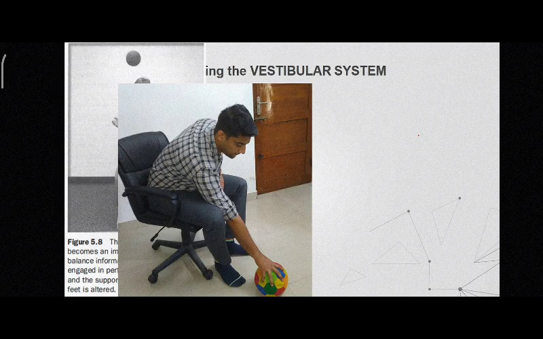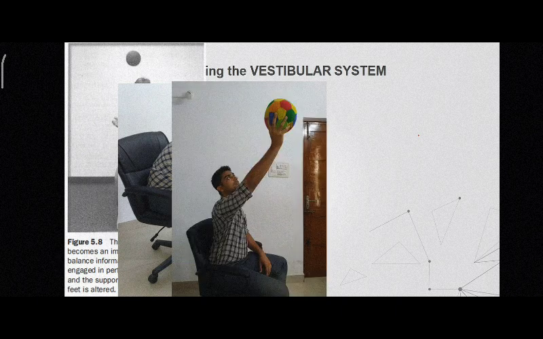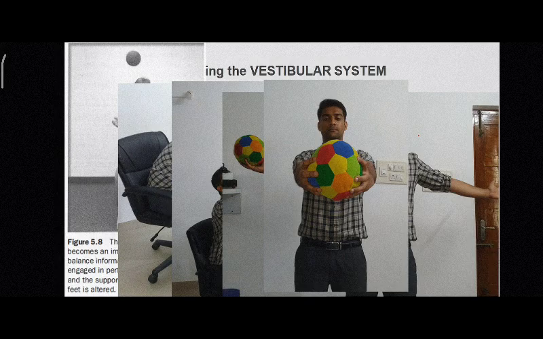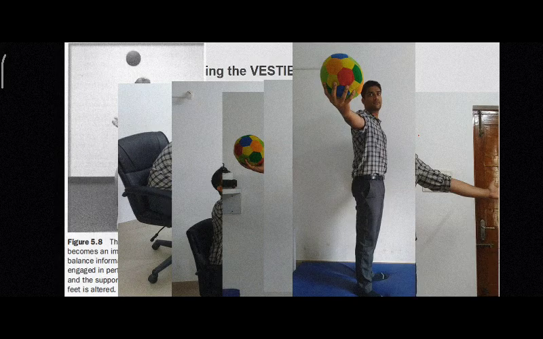Similarly, you can ask the patient while sitting to pick a ball from the ground and then place it above their head while following the ball, and then place it down again. Then you can do this in the horizontal direction also. If they are able to do it in the sitting position and in the standing position, then you can increase the difficulty level by placing them on a foam.